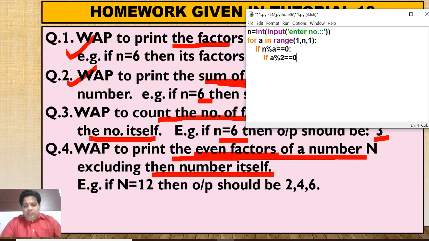How will you check an even number? You will mod that number by 2. It means if n mod a equal to 0, here it means if a is a factor, and here this condition means if a is an even factor.